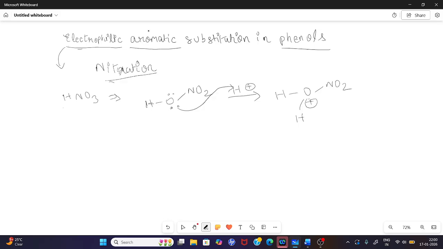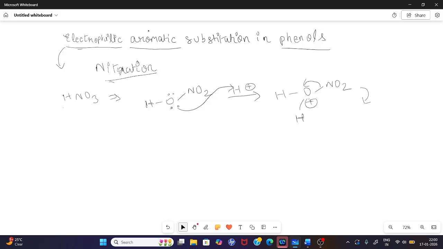There is another hydroxyl unit here, since OH was already there, and it has absorbed this proton. Now, to neutralize this positive charge on the oxygen, this bond will come towards oxygen because oxygen has a positive charge and is unstable in this state.